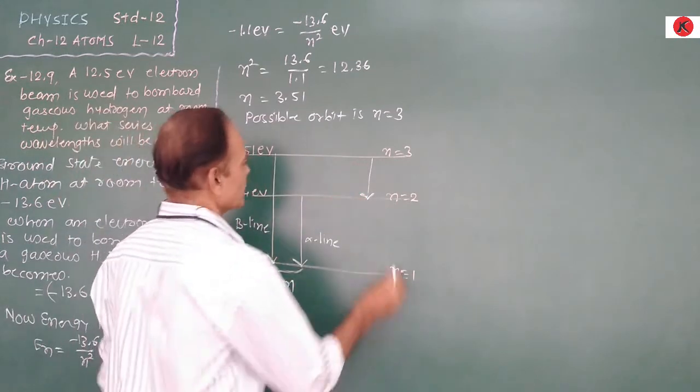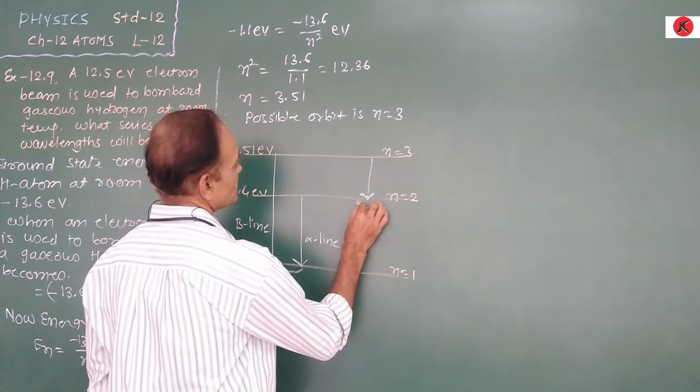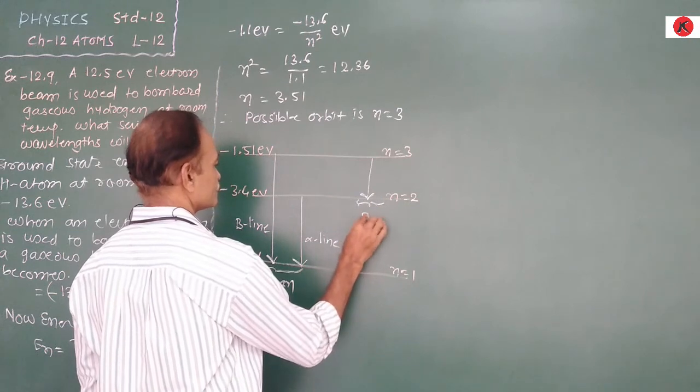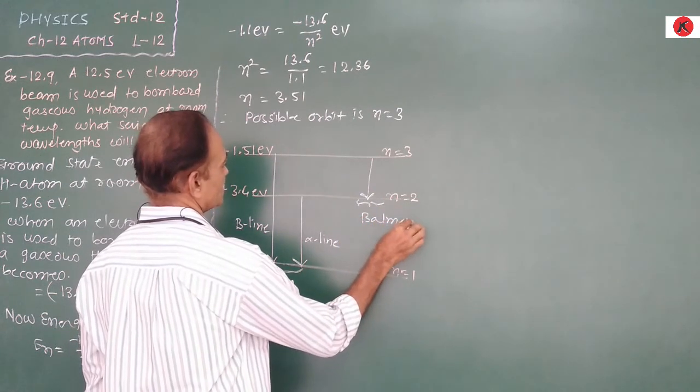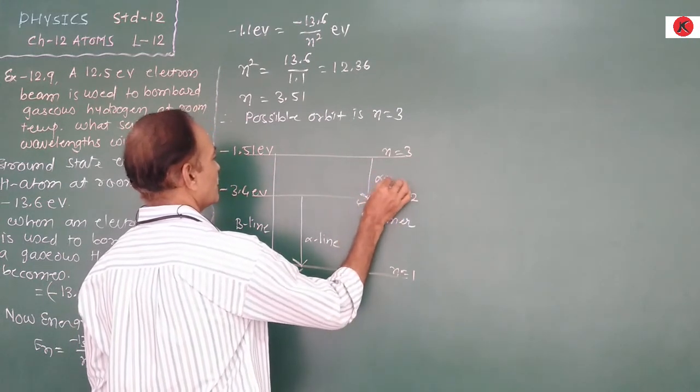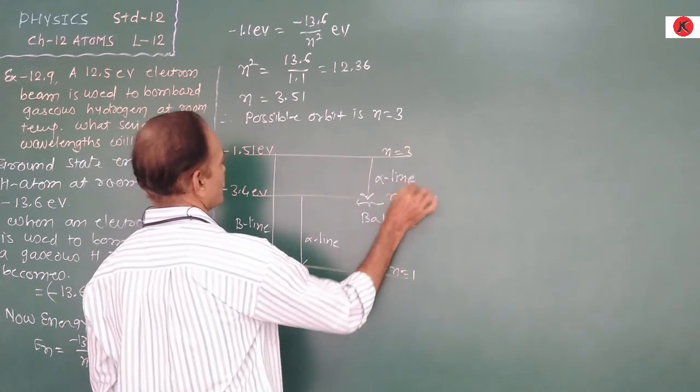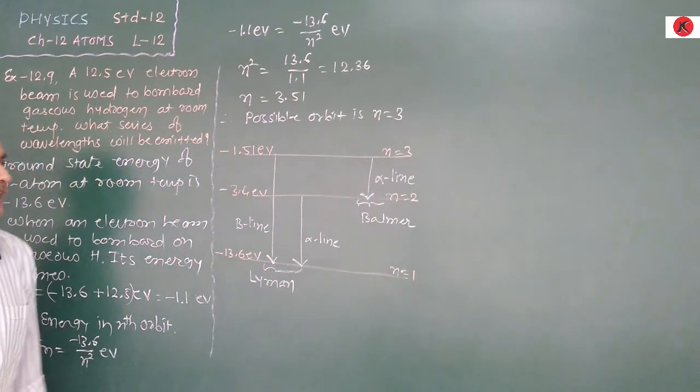Corresponding to the 3 to 2 transition, the Balmer series is obtained. Here the closest transition, therefore the alpha line is obtained.